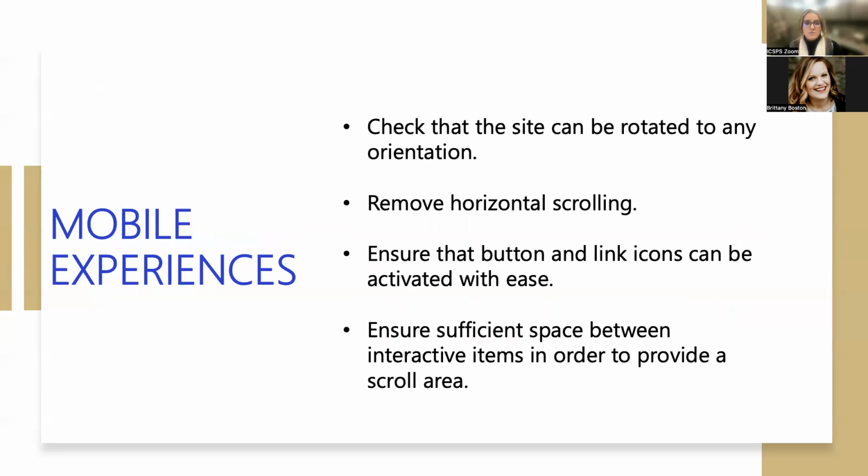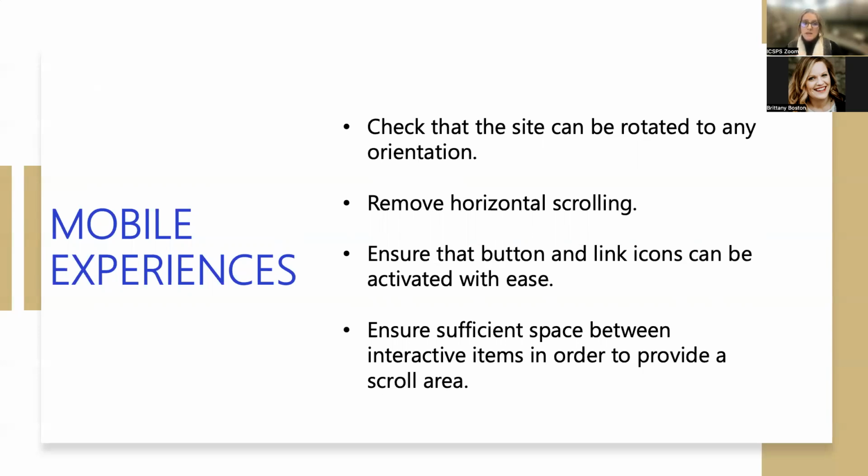And then the last one is mobile experiences that I want to briefly touch on. We want to check that our website can be rotated to any kind of orientation. Okay. We know statistically that our students are not accessing our institution's websites from a computer, the majority of the time, I should say. They're primarily accessing our institution's websites from their mobile devices or an iPad of some sort.